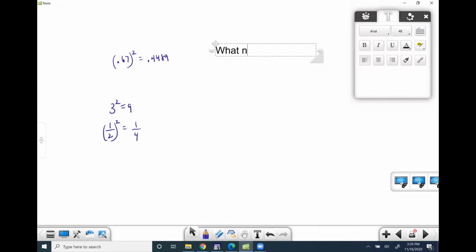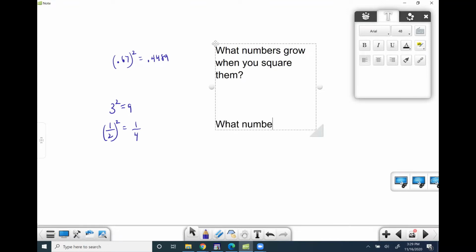Okay, so what numbers grow when you square them? That's going to be the first question. I'll say this, what numbers decay when you square them?